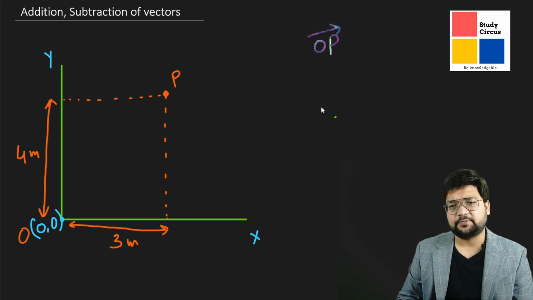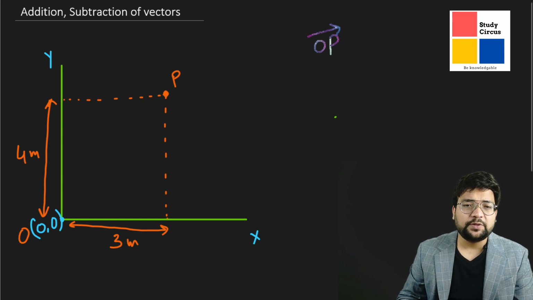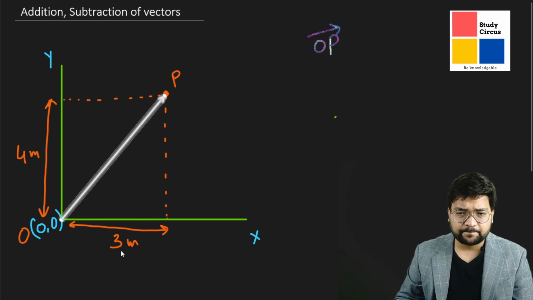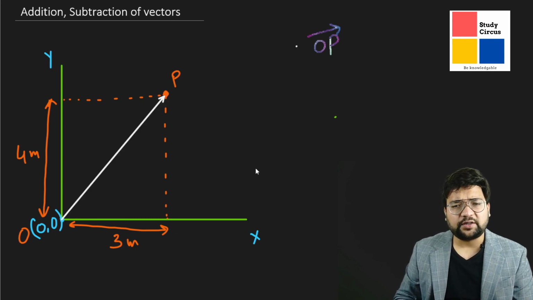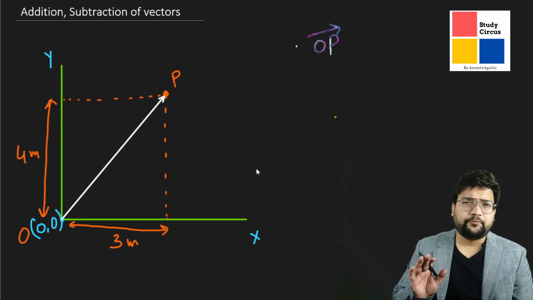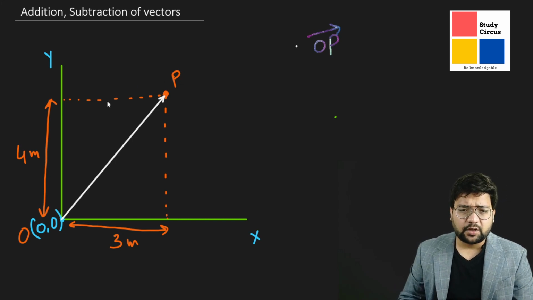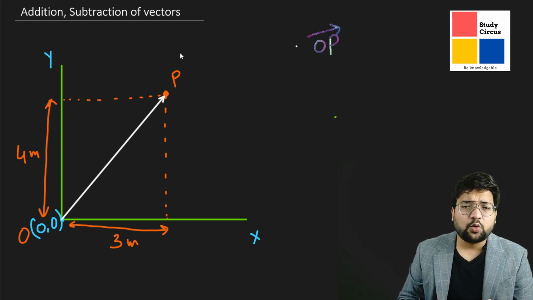OP vector is the position vector of the point P. Tail is O, the arrow point is P.